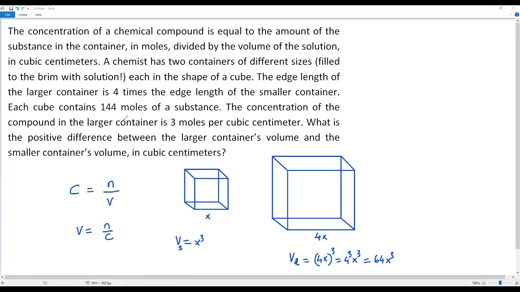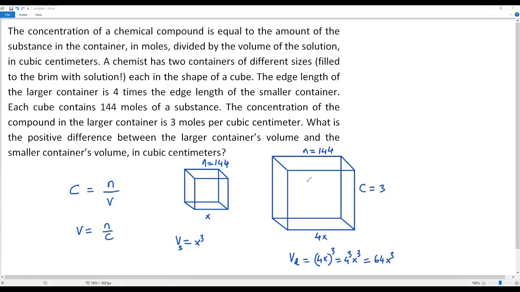Now we can consider this particular piece of information: each cube contains 144 moles of a substance. That is, this one contains 144 moles. We know that N represents the number of moles in each container, and for this one also we have 144 moles. And the concentration of the compound in the larger container is 3 moles per cubic centimeter.